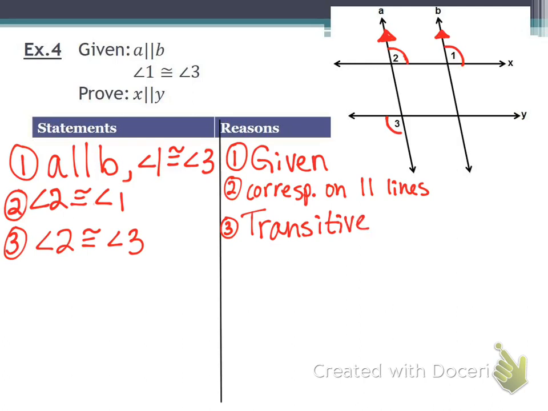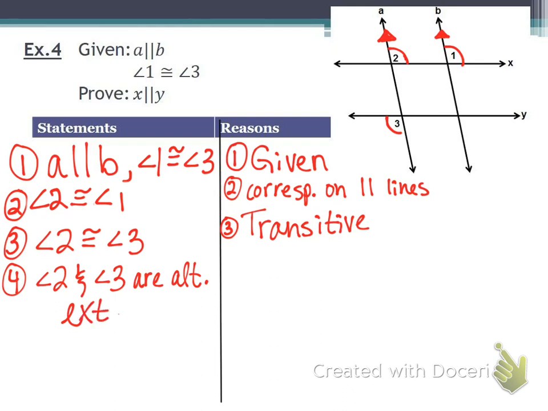We can't say it because of alternate exterior because we don't know that X and Y are parallel. Okay, we would have needed X and Y to already be parallel to use alternate exterior. We are, however, going to use the fact that they're alternate exterior in the other way. So here I would say we do need to say angles 2 and 3 are alternate exterior.